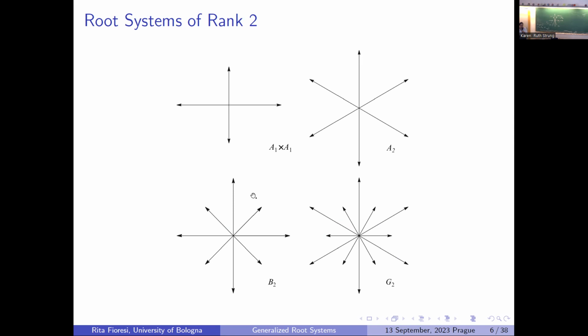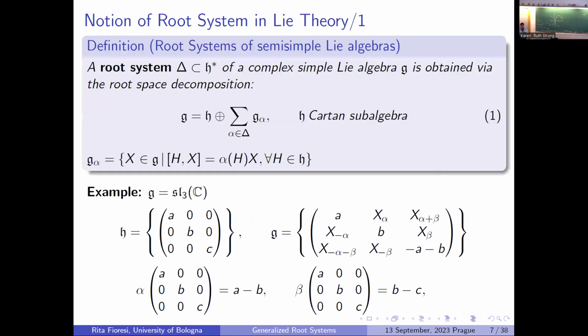B2 has 1 right angle, and the G2 has 2 right angles among roots, okay? So these right angles come up, and I will explain later why. I know you probably never thought about that, but it's something to think about.